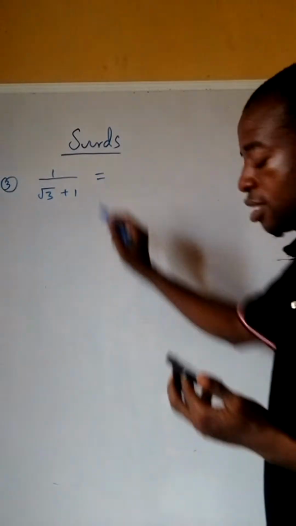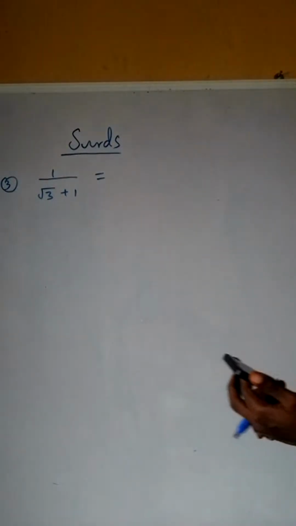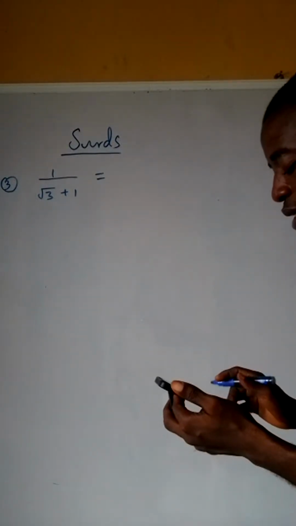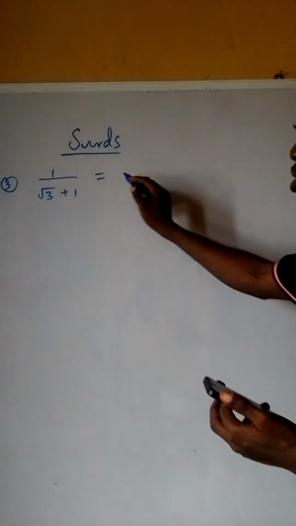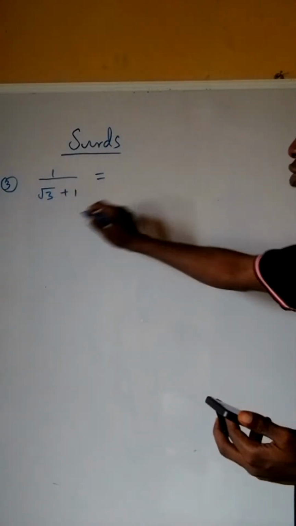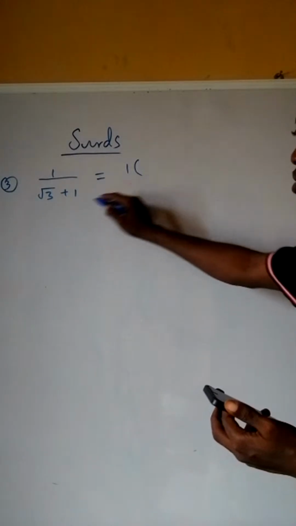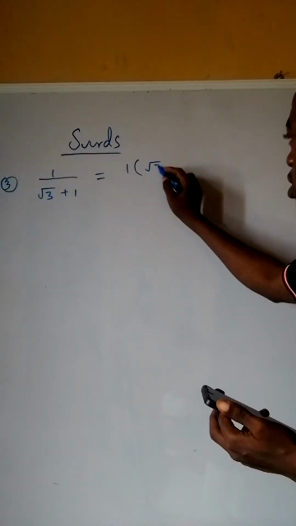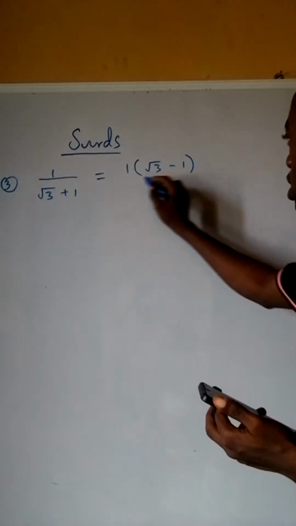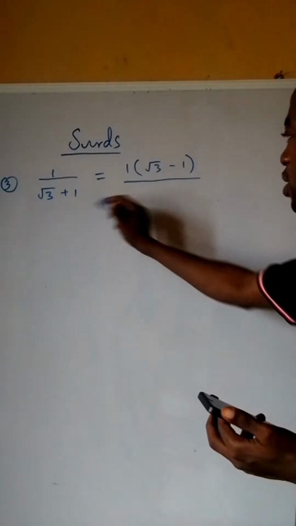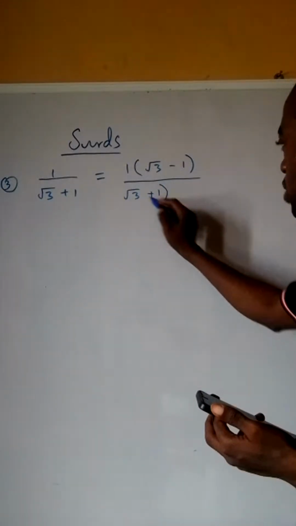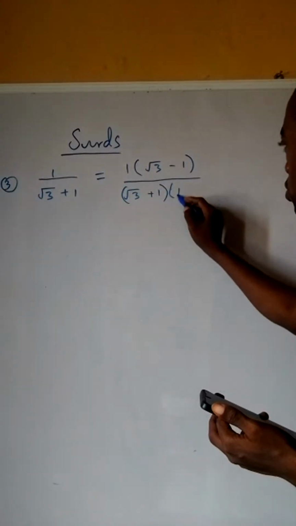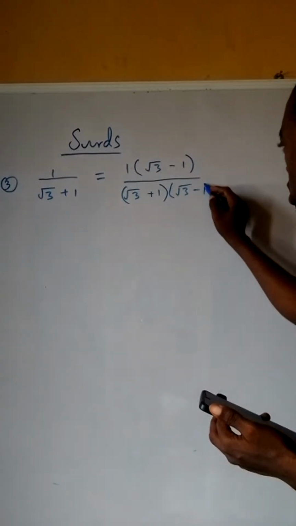So this is another simple problem to solve. By the time we solve this, we also rationalize here. So multiply by the conjugate of the denominator, that's 1 times the conjugate here, we have root 3 minus 1, over also multiply this by the conjugate, that is (root 3 plus 1) times (root 3 minus 1).